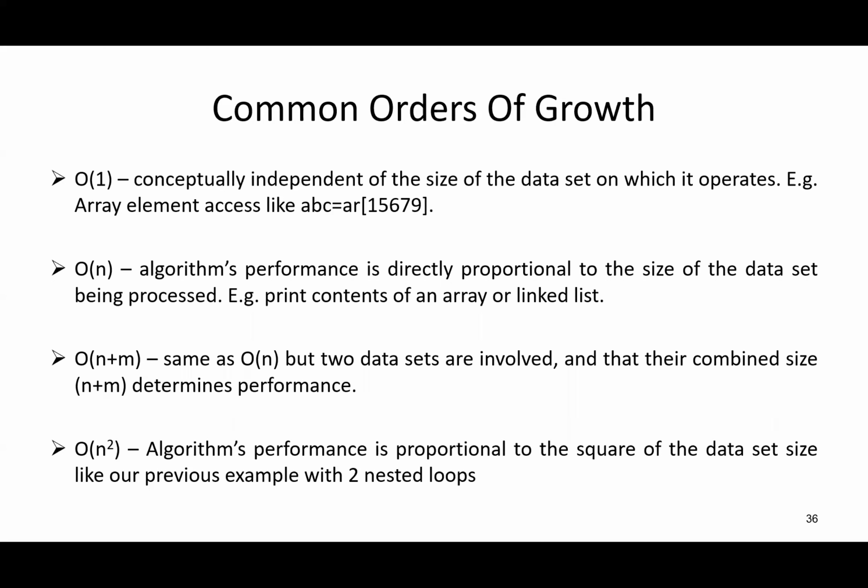So if you want to reach the one at the last, then it depends on how many elements you have in your list. If you have 10, then you need to look 10 times, right? But if you access the first node, then it's only 1 time. You don't need to look at all. So that's why for element access in a linked list, it's not order of 1.